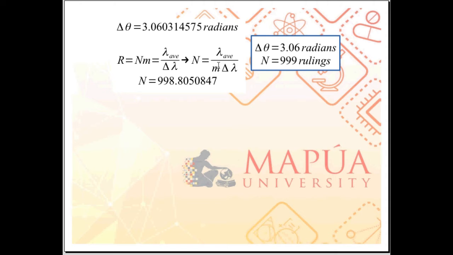So for the first order, m is equal to 1. We can easily get lambda average and then delta lambda. We are able to calculate the number of rulings, 998.8050847. So the final answer, delta theta is 3.06 radians and capital N is 999 rulings.